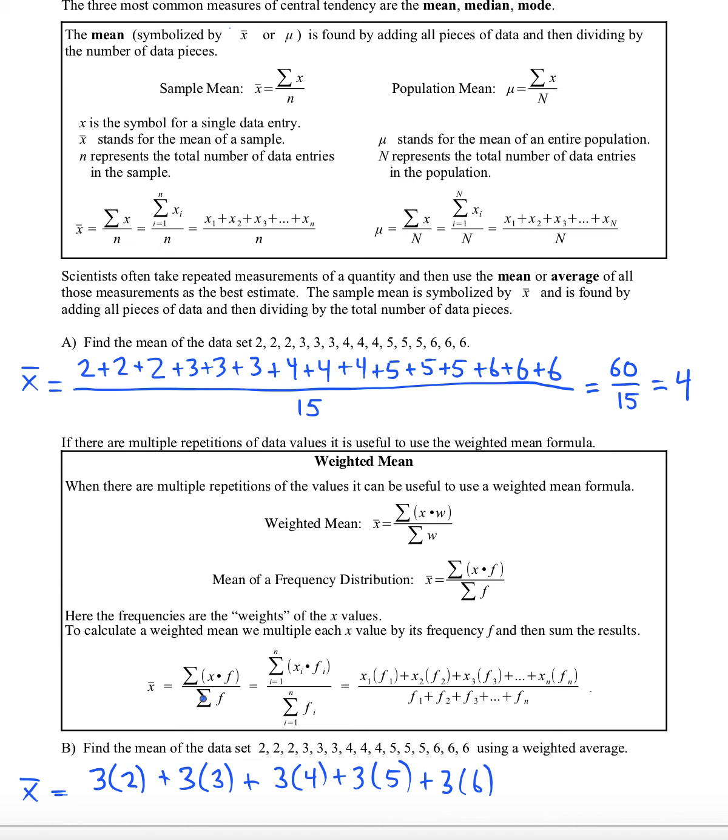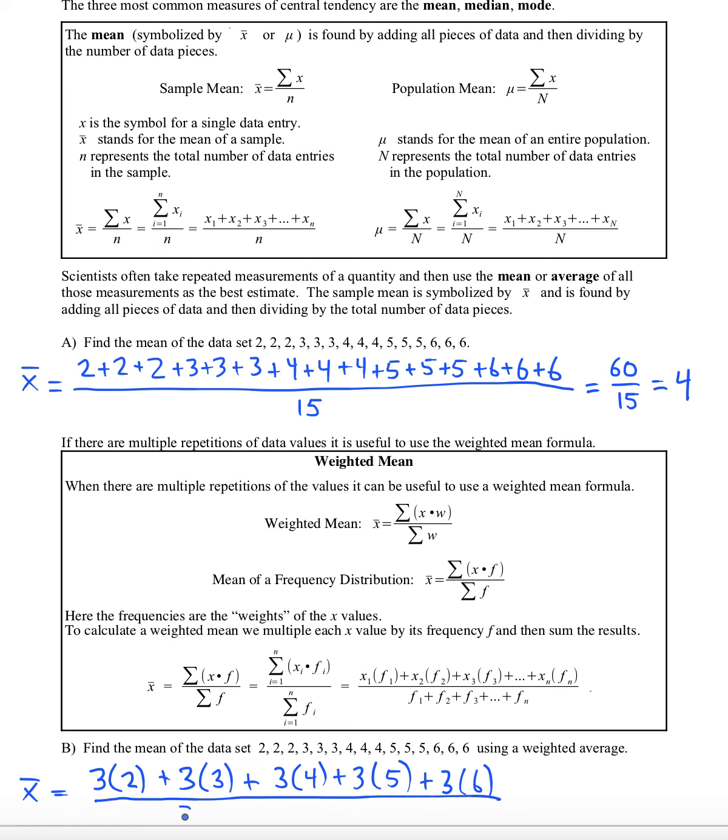Now in statistics, this sigma here means to add something up. So we're going to add up all of the products of the x times f's that we have. And then down below, we will add the total number of frequencies. That would be the total number of data pieces, actually.